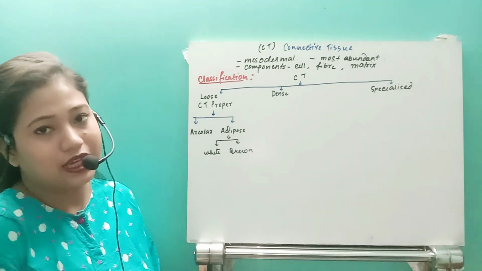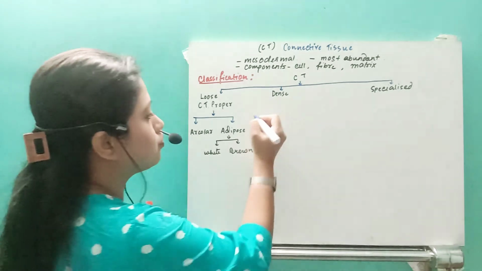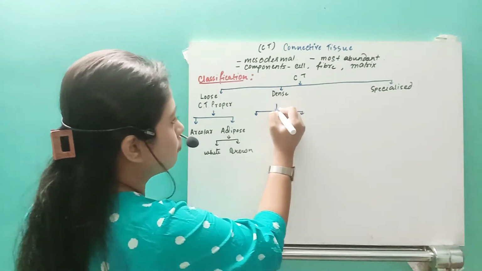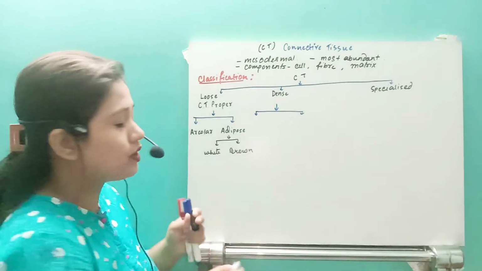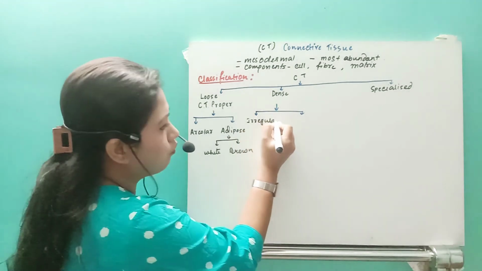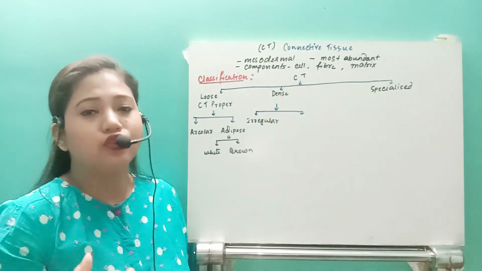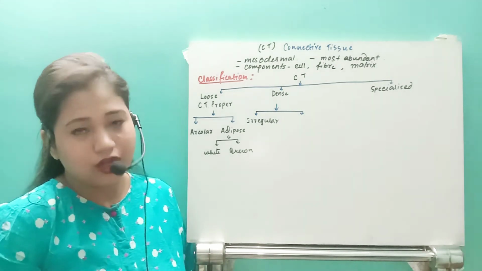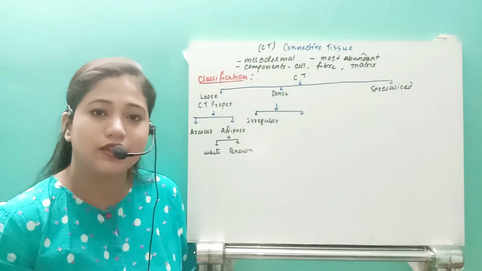Now come to the dense connective tissue. This dense connective tissue will also be of 2 types, right? So what are the 2 types of dense connective tissue? First type is the irregular dense connective tissue, where the white fibers will not be found in any pattern. They will be irregularly present. That is known as irregular dense connective tissue.